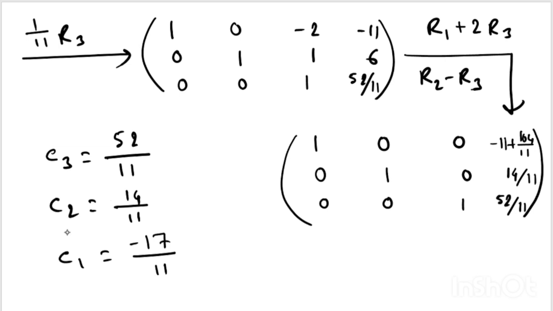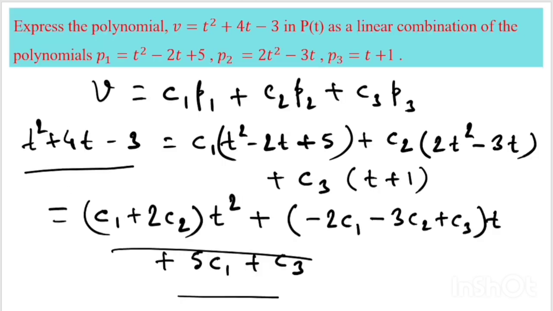So these are the values of C1, C2 and C3 for which the polynomial nu is a linear combination of the polynomials P1, P2 and P3.